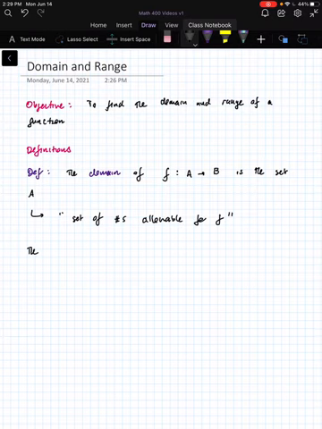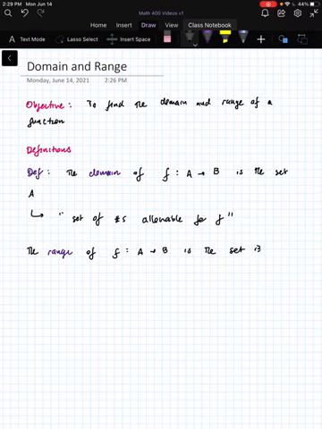On the other hand, the range of this same function is the set B. So in other words, it's all the obtainable numbers that we can get from f.